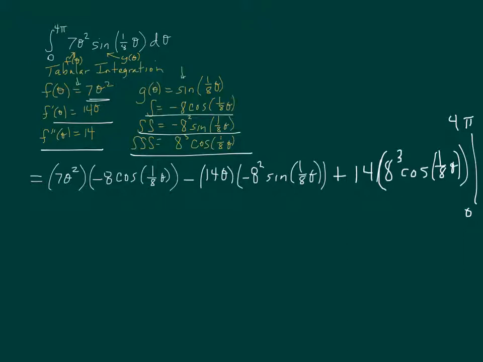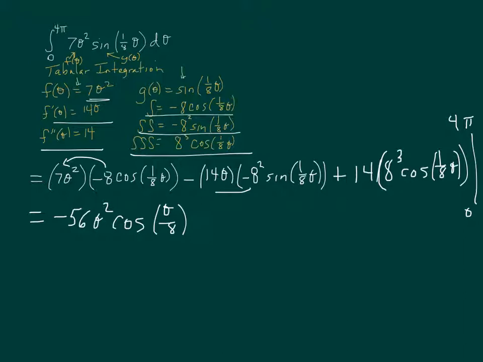So I can make this look a little bit better, meaning multiply things out. I get negative 56, so I'm just multiplying this out, theta squared cosine, let's just write that as theta over 8, because we're just going to be plugging in for theta.